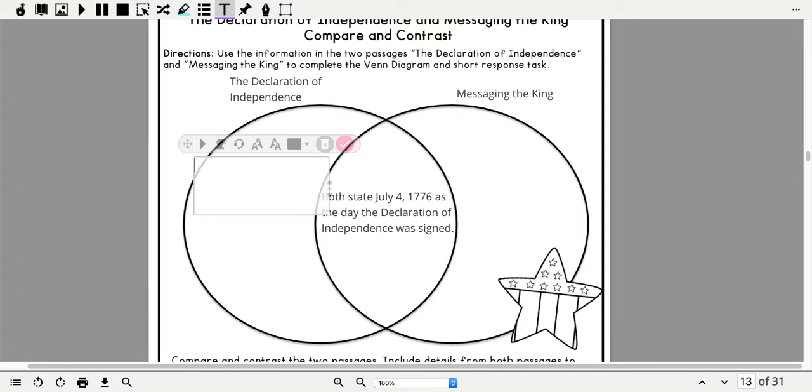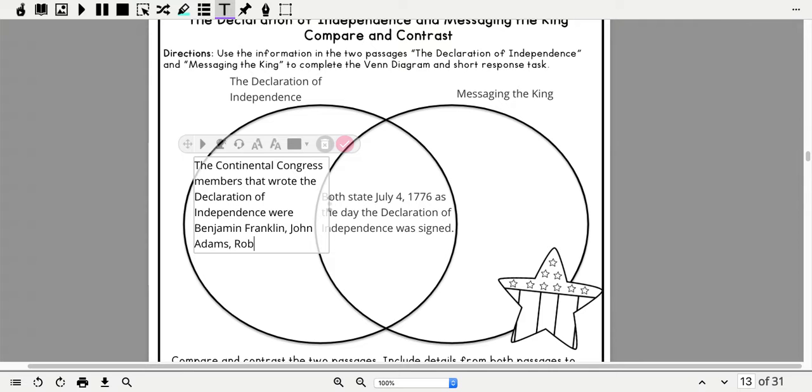We get a lot more words on here, and it tells us the Continental Congress members that wrote the Declaration of Independence were, and it gives us their names: Benjamin Franklin, John Adams, Robert Livingston, Roger Sherman, and Thomas Jefferson.